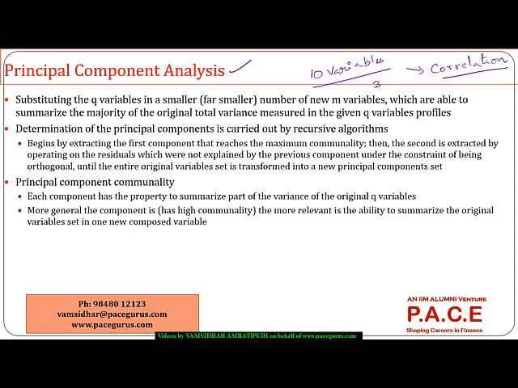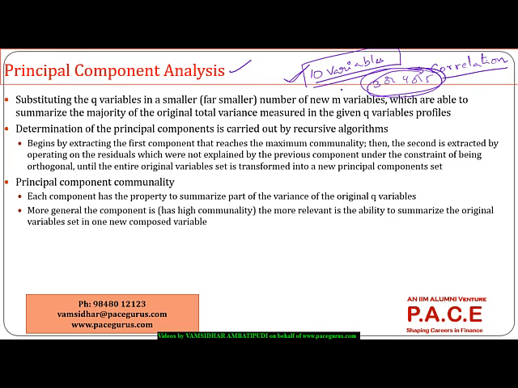substituting, let's say, 3 or 4 or 5, a very small subset of variables as a proxy for these initial 10 variables, so that the total variability of these 10 variables is taken care of to a large extent, let's say 90-95%, by these 3 or 4 or 5 new variables itself.